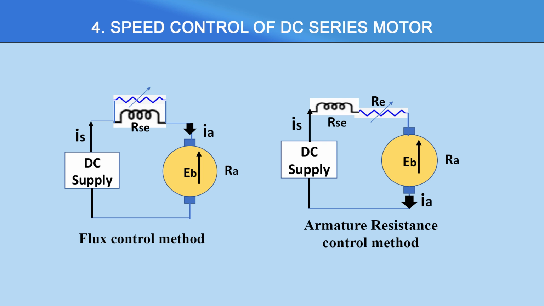Considering these two cases, we can control the speed of the DC series motor using the very basic formula N = (V - IA R) / (K phi). The flux and the armature resistance can be controlled using these two methodologies, and speed can be controlled. As we already did for the shunt motor, similarly we can do it for the DC series motor also.